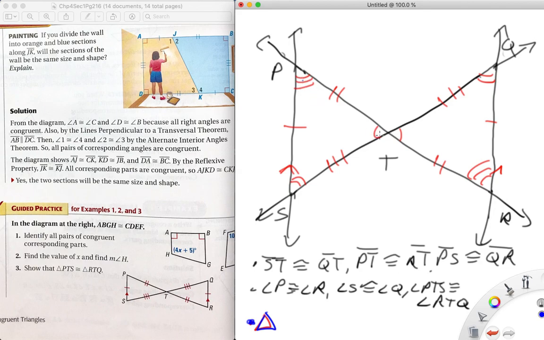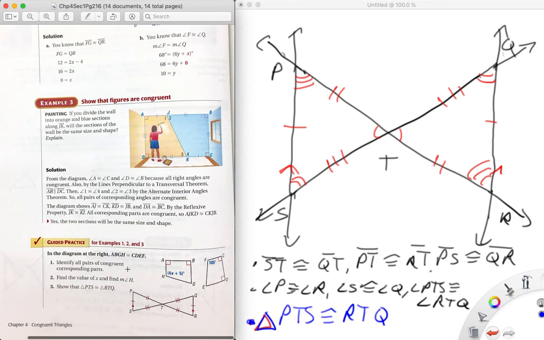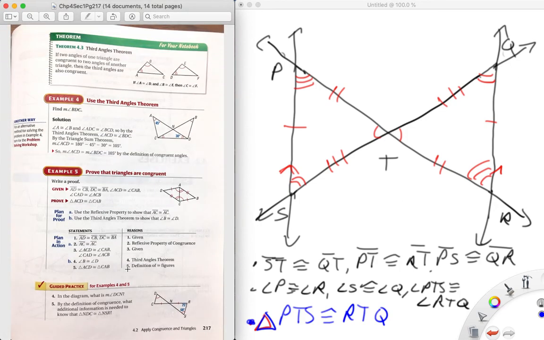Triangle PTS is congruent to triangle RTQ. Okay. Sorry guys, parallel lines doesn't go anywhere. And alternating angles doesn't go anywhere. And vertical angles doesn't go anywhere.